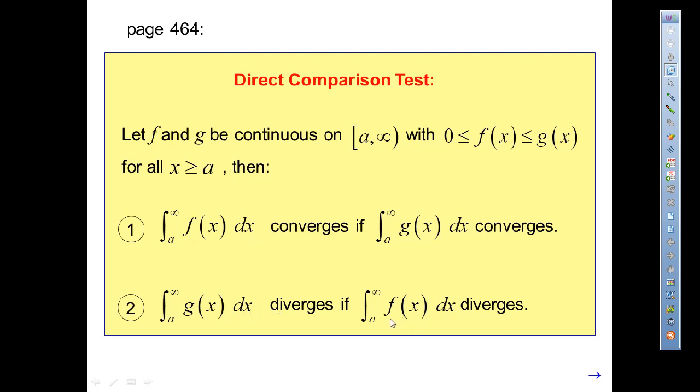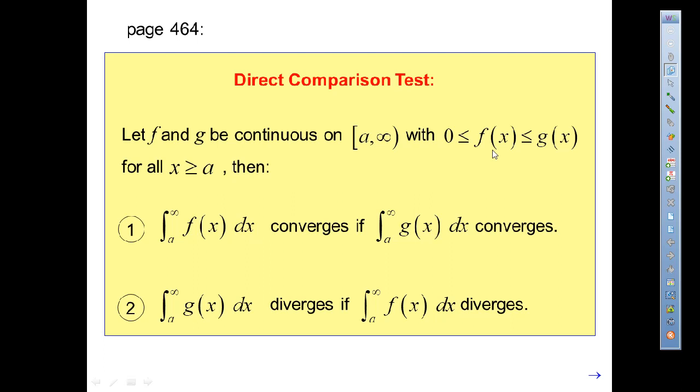But if we can prove that g of x is always greater than f of x, and f of x diverges, then we've proven that g of x diverges. That's what this second one is. So it kind of flips on you here. Be careful. If the one above the function converges, then that proves that the one below it converges as well. That's number one.